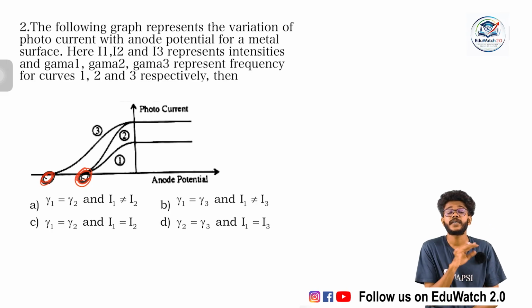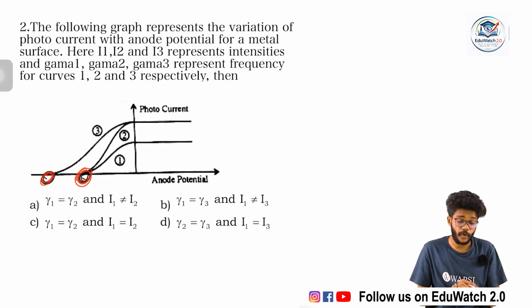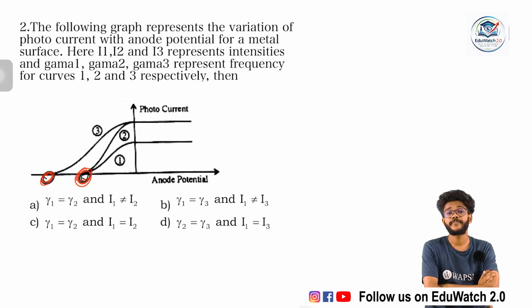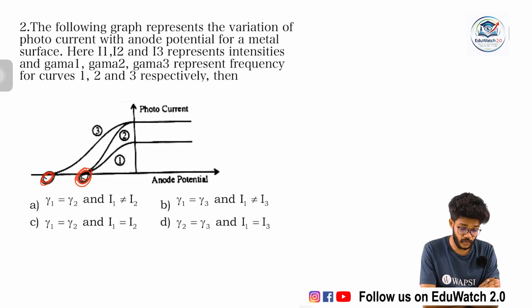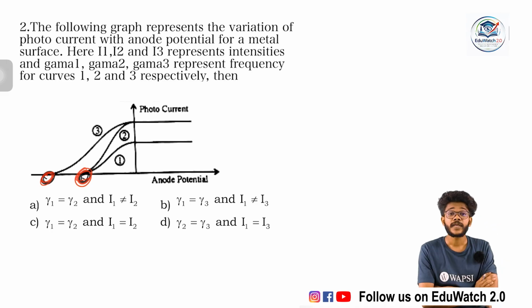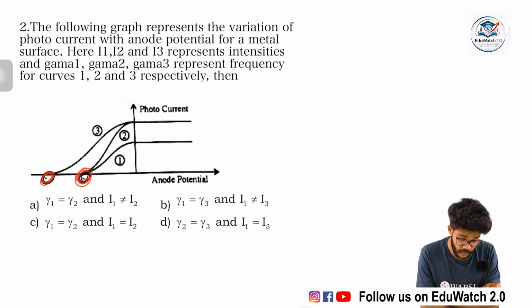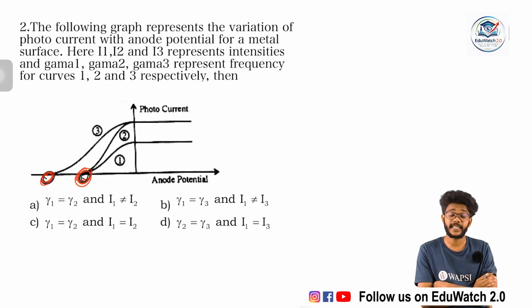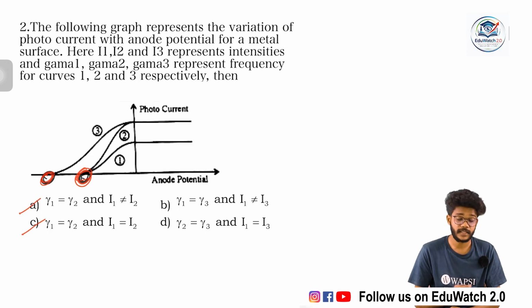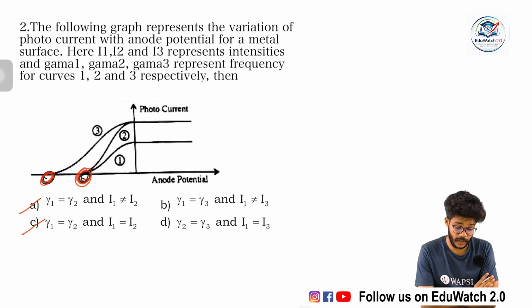When the stopping potential is same, what can we say? The stopping potential depends upon the frequency, correct? So the frequencies of 1 and 2 are same, so gamma 1 equals gamma 2. Which option is correct? A and C both have gamma 1 equal to gamma 2.